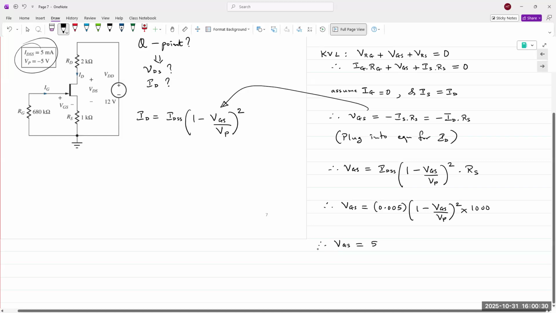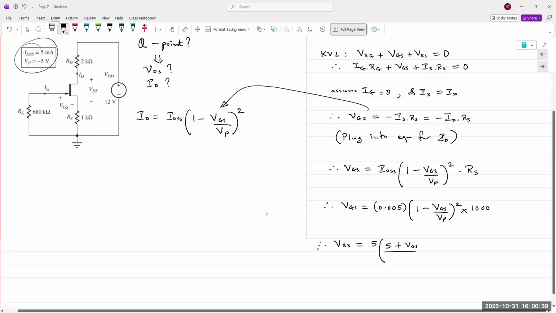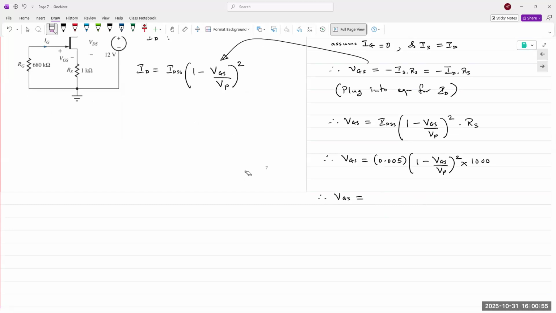VGS is equal to 5 times 5 plus VGS over 5. Oh, wait, I'm plugging in, I skipped one step. No, that's actually correct.